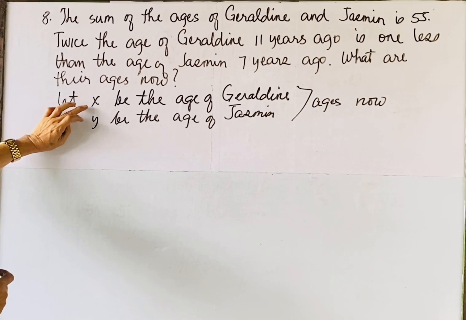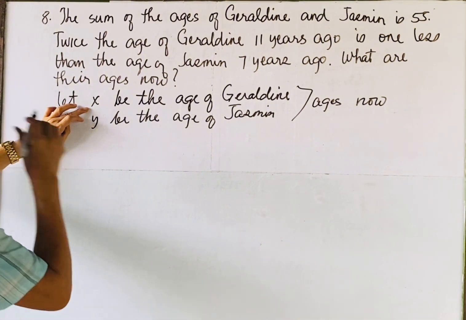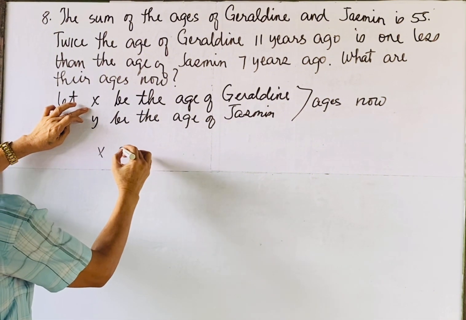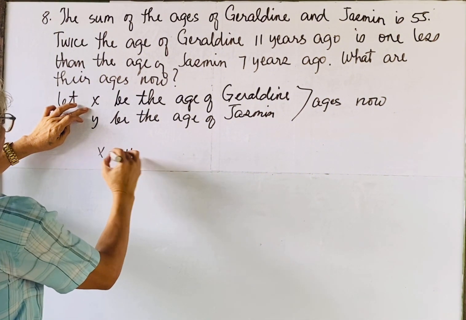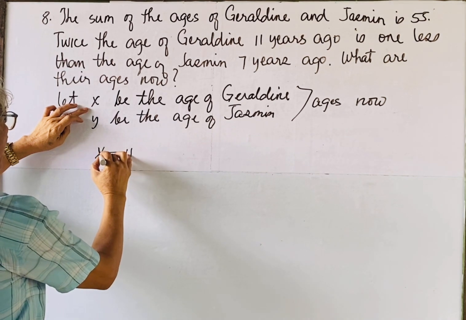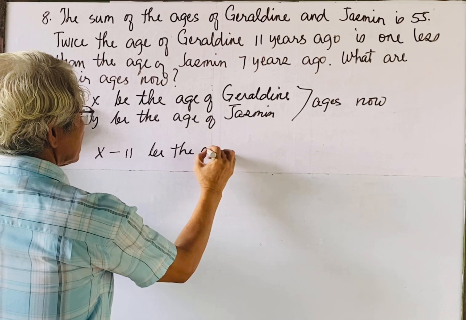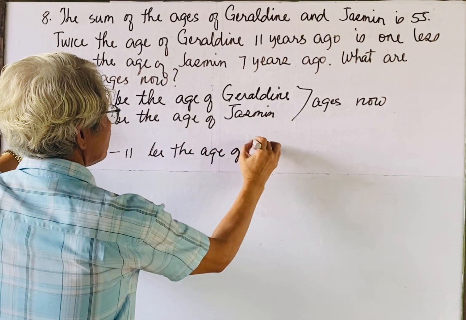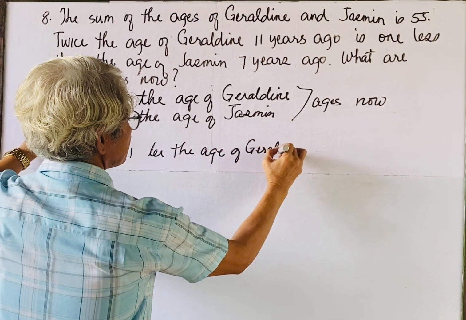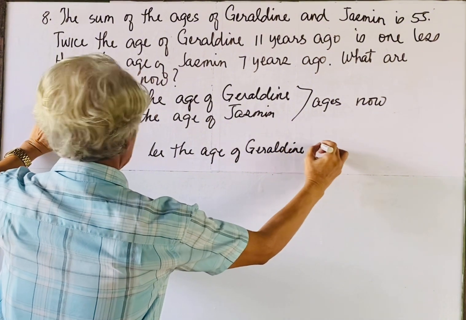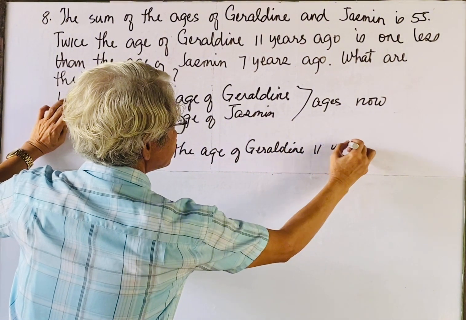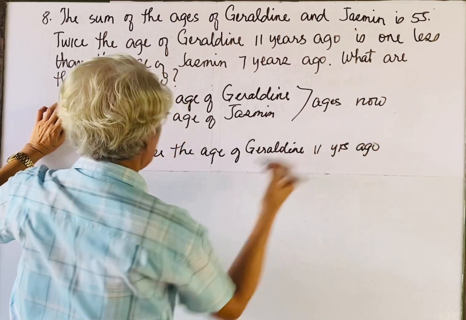Kung ngayon si Geraldine ay X, ang age niya ay X minus 11, okay? X minus 11 be the age of Geraldine 11 years ago.